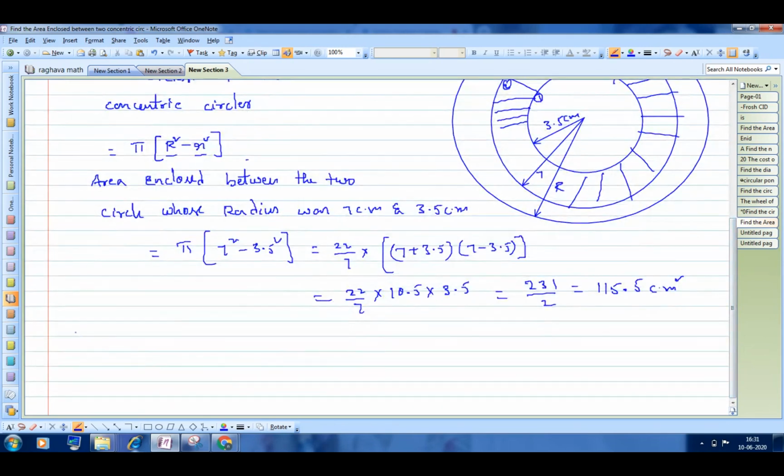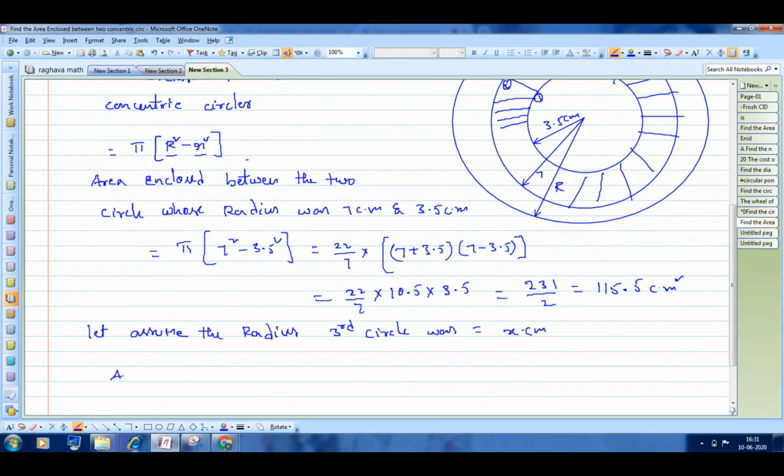Let us assume the radius of the third circle is x centimeter.